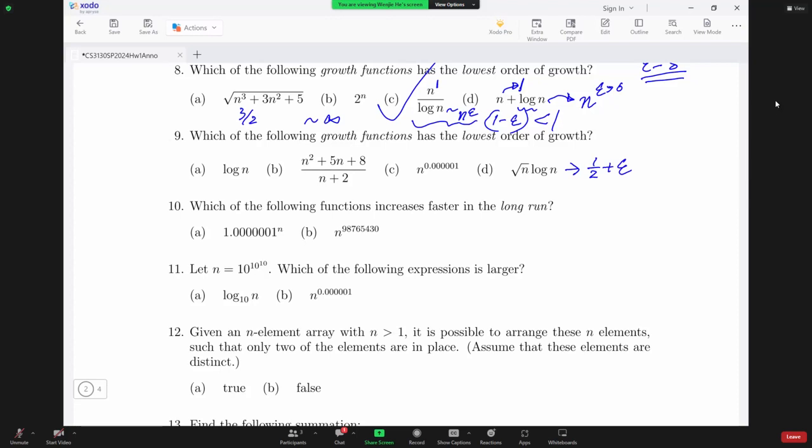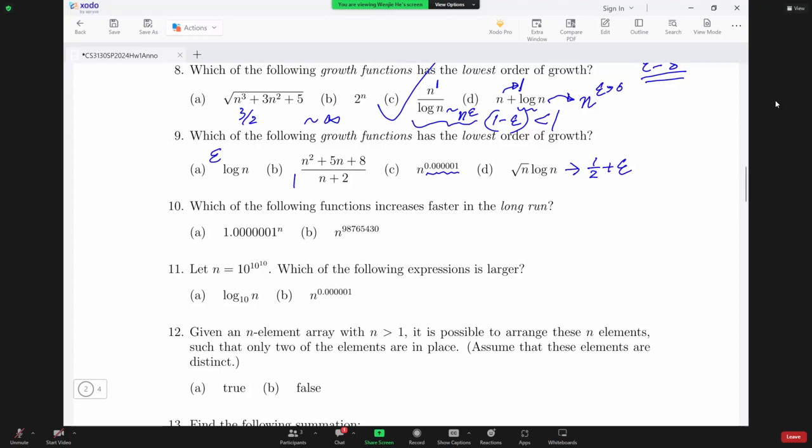C, order of growth, this is 0.0 many 0s, 1. B, numerator 2, denominator 1, 2 minus 1, it's 1. Order of growth is 1. A, the order of growth is epsilon.